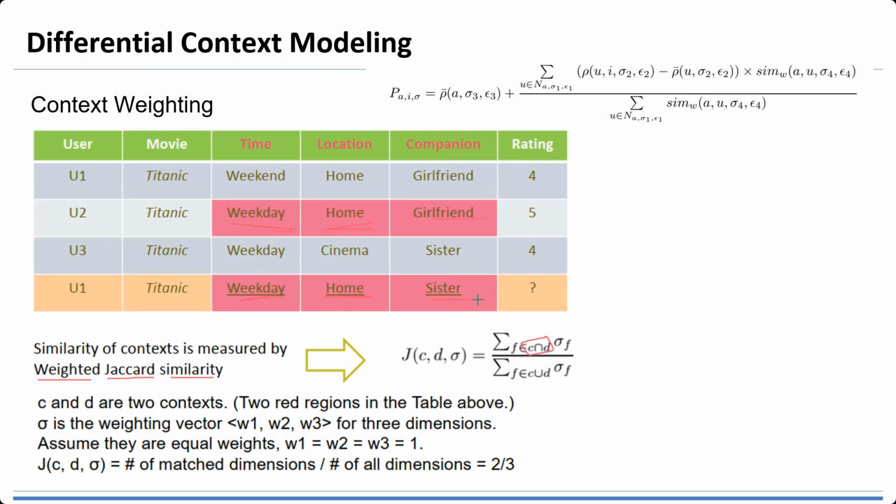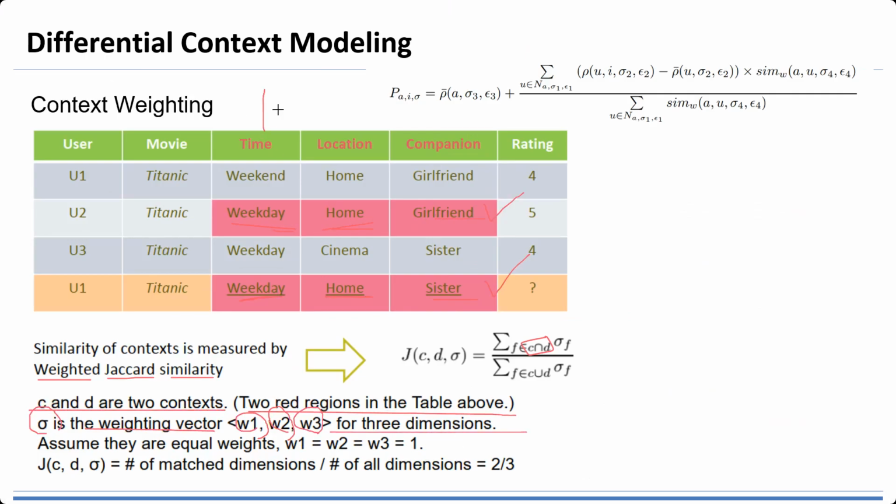So in this equation, C and D are two contexts, the two red regions in the table above. Tau is the weighting factor, W1, W2, W3 for the 3 dimensions.